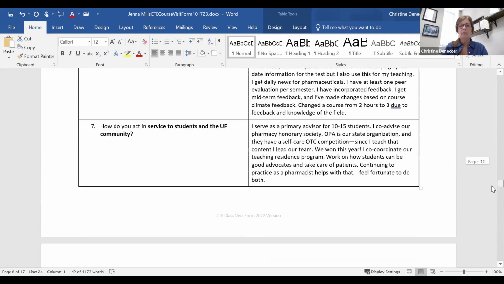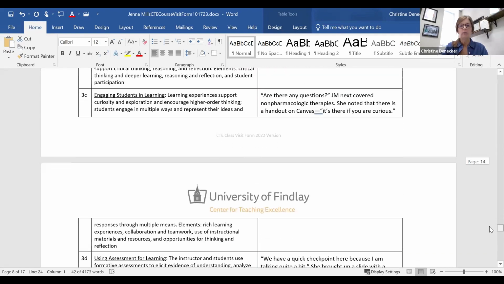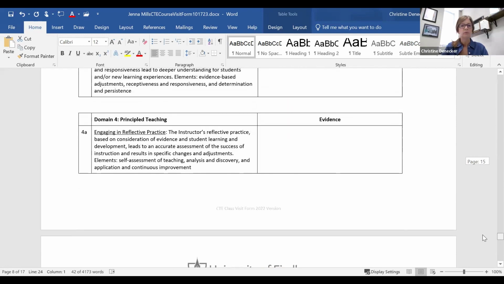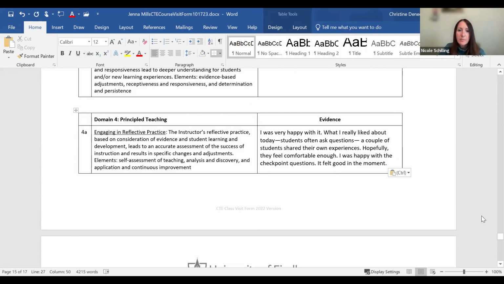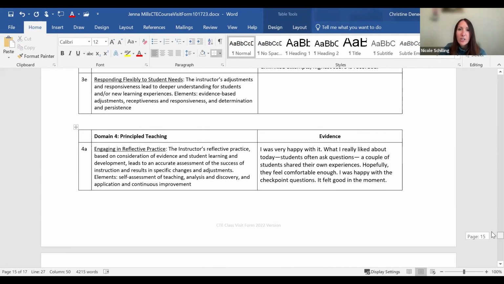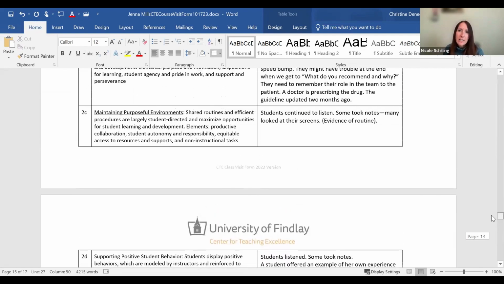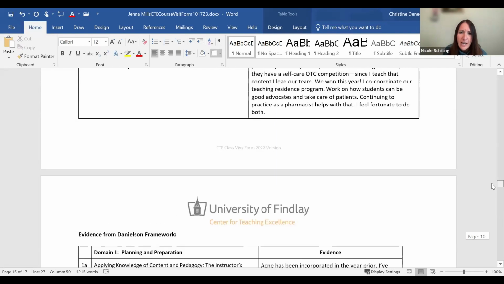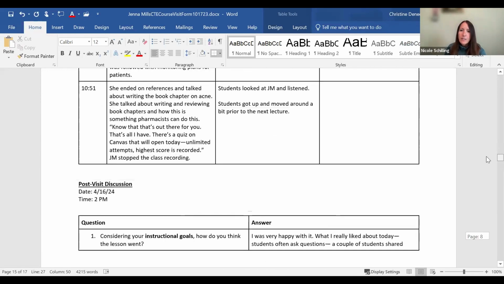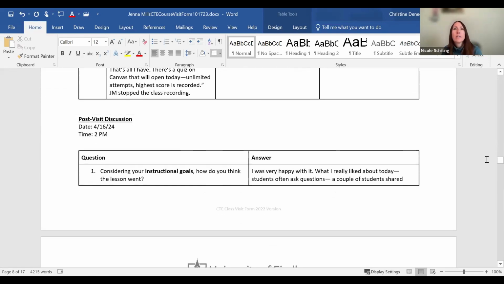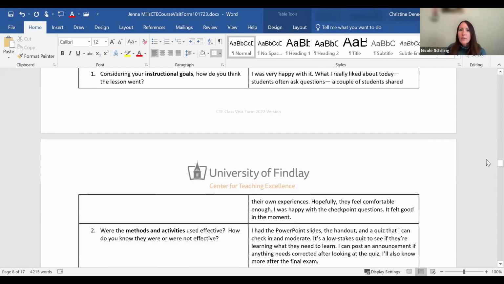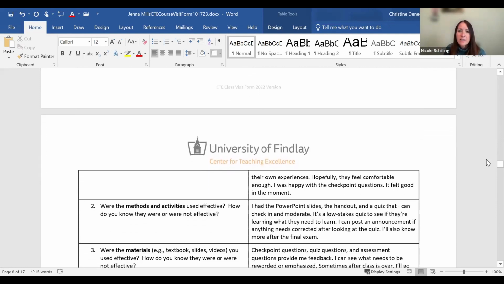Now, let's say hypothetically you don't agree with her reflection. What do you do? I would ask clarifying questions, and actually this has happened. Help me understand, can you explain to me further what you mean, or how did you see this in the classroom?